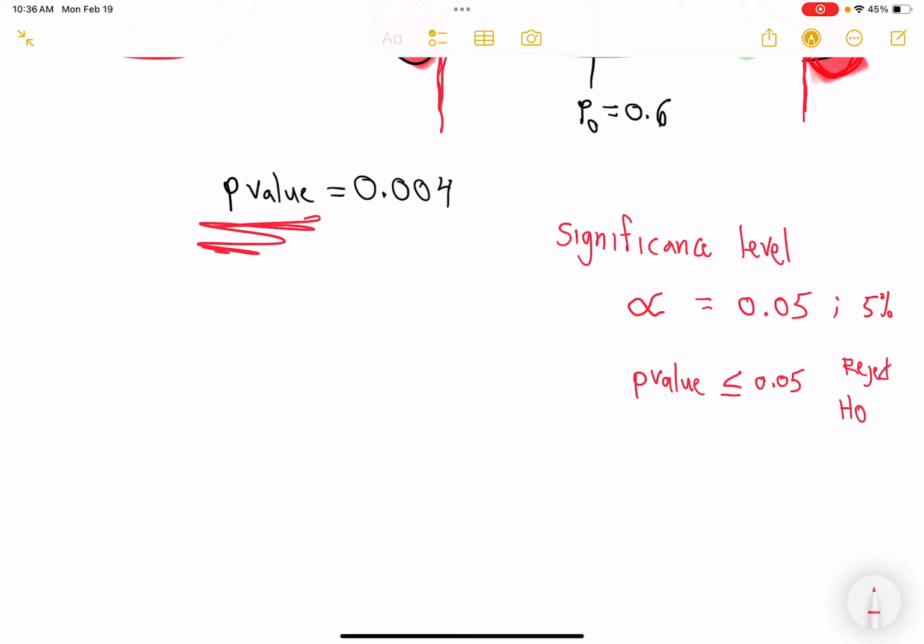If it is less than or equal to 0.05, we will reject the null hypothesis.